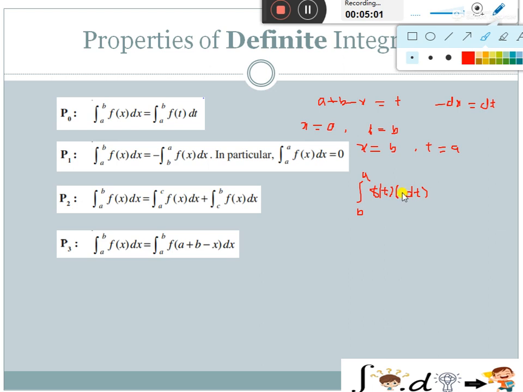Negative sign is there. According to P1 property, you can write this as integral a to b fx dx. A to b, that is ft dt.